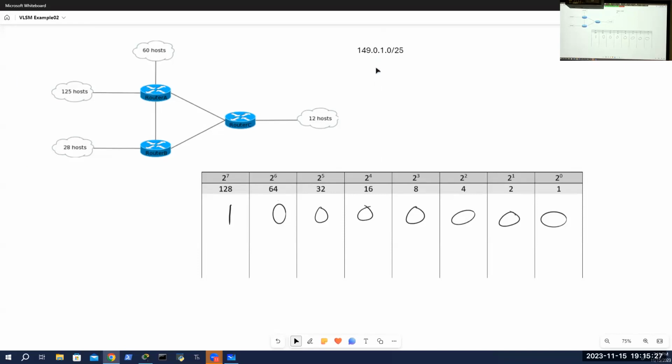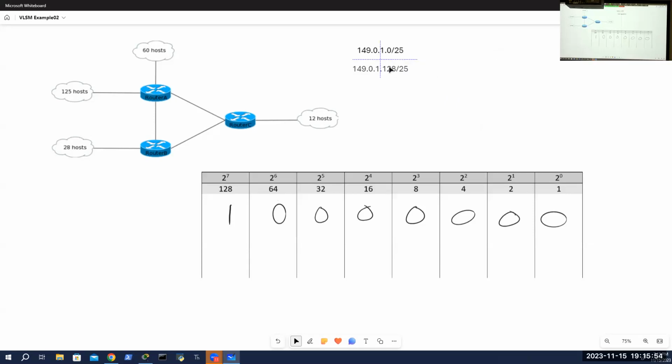Okay, let's go ahead and do this so that we're not here too awful late. What is the second network with the /25? 0.1. What? 128. Okay.